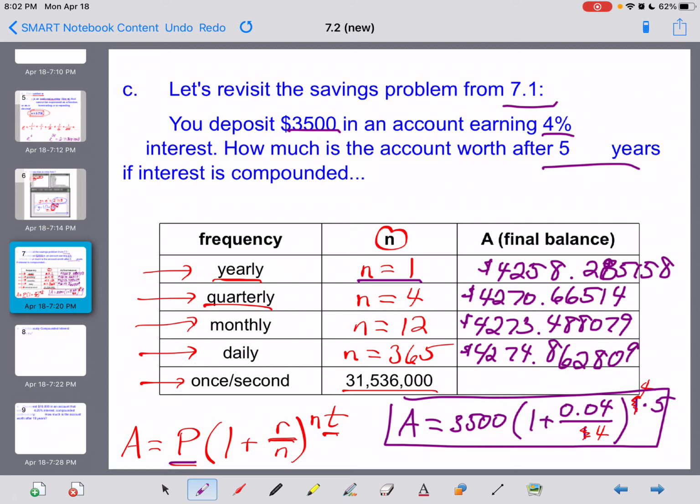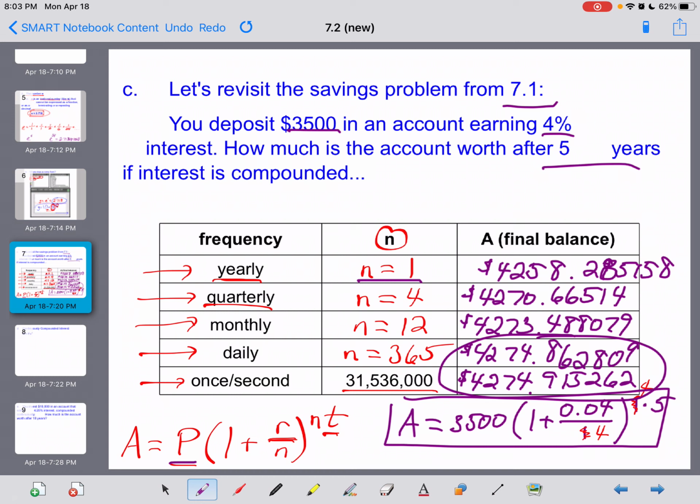And I'm expecting to see a ton more money here. Here's what I got. Not lying to you guys here. Hopefully you're doing this with me. 4,274.915262. So by computing our interest once per second, we made 5 cents more than if they had done it daily.